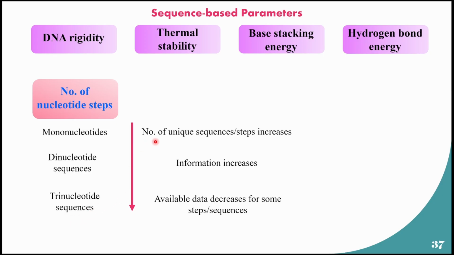Okay, so it's saying that the number of unique sequences or steps increases as we go from mononucleotide to trinucleotides. Information also increases, but available data decreases for some steps or sequences. So that's one caveat of using this sort of small nucleotide stretch for calculations.